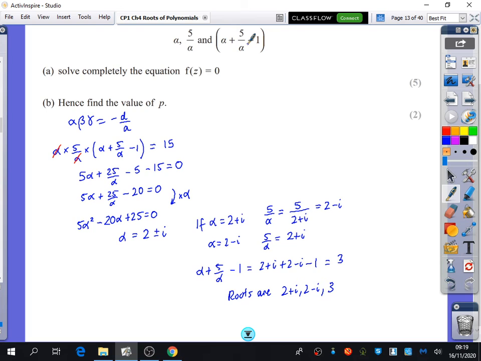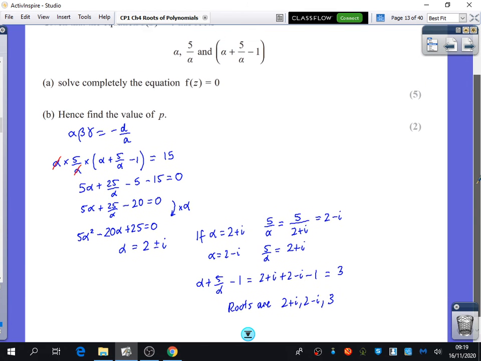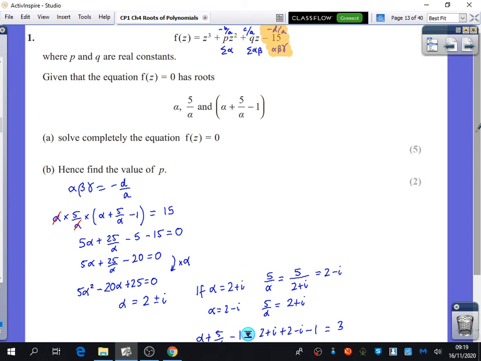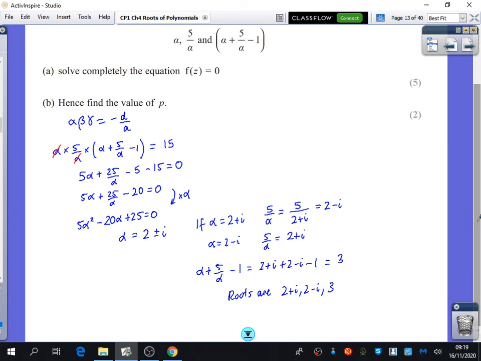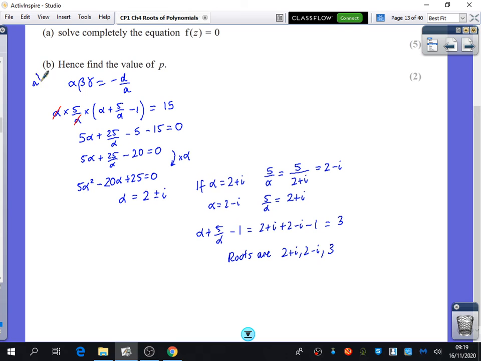So let's now go on to the second part of the question, which says, hence find the value of P. P is in this first section that we've got here, and P is to do with the sum of the roots, okay? So we know that the sum of the roots equals minus B over A. So I'm just going to write that down for part B of the question, that the sum of the roots is equal to minus B over A, and our roots are 2 plus I plus 2 minus I plus 3.